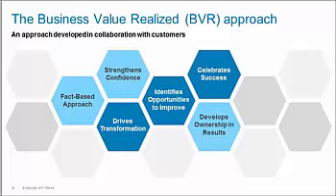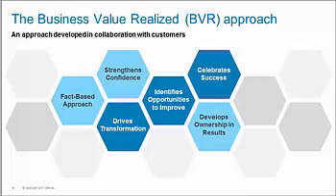So we've been working with customers over the past few years to create an approach called the Business Value Realized approach that uses facts, helps you take the metrics of value and track the actual metrics of value over time, to strengthen your organization's confidence that you've not only made a good decision, but you're taking the right actions to drive value.